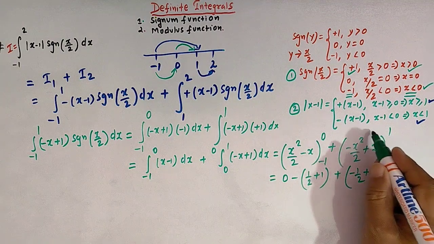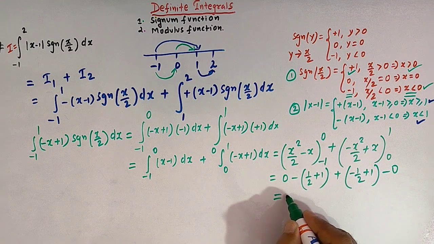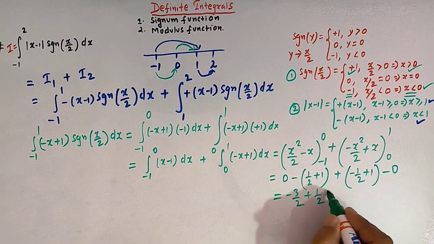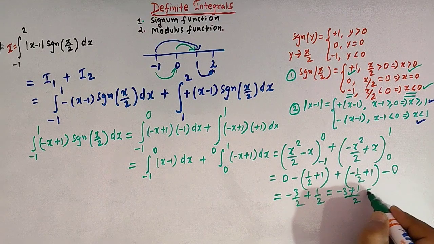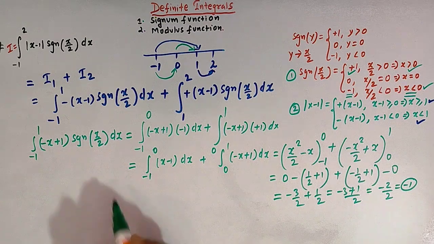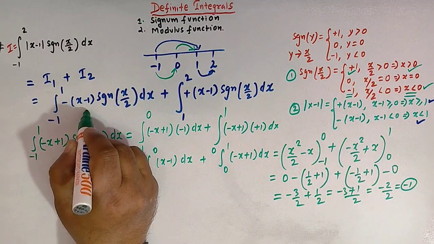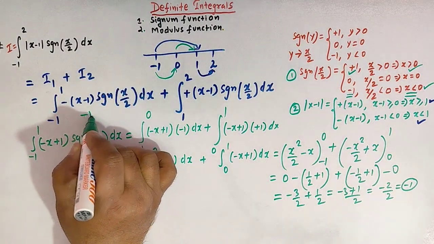When we take 0, the entire term would become 0, and now this is minus 3 over 2, and this is half. So minus 3 plus 1 over 2, that is minus 2 over 2, that is minus 1. So the value of this integral, that is I1, is equal to minus 1.